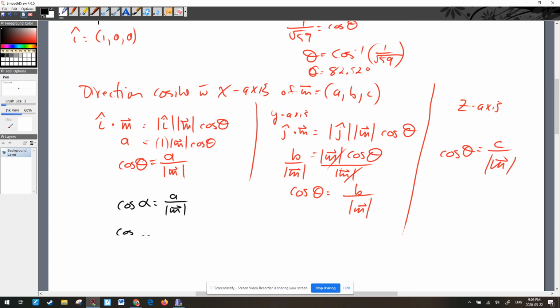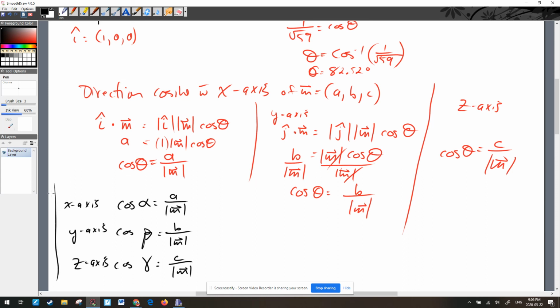The cosine of beta is equal to b over the magnitude of m, and the cosine of gamma, I think is what it is, is equal to c over the magnitude of m. And so this is for the x-axis, this is for the y-axis, and this is for the z-axis. Okay, so that's important.